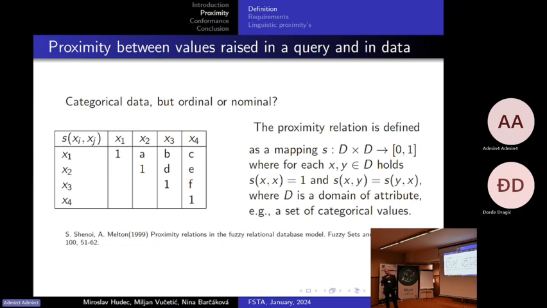Because when we are working with nominal data, the similarity among values could be any value. But when you consider ordinal data, let's say very small, small, medium, high, very high, then we should add more properties.